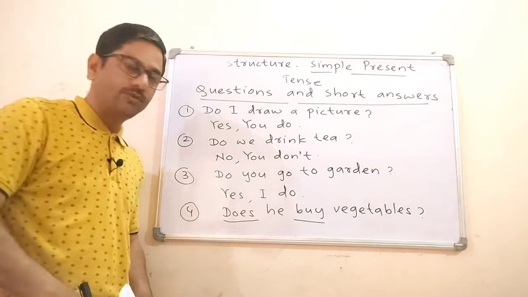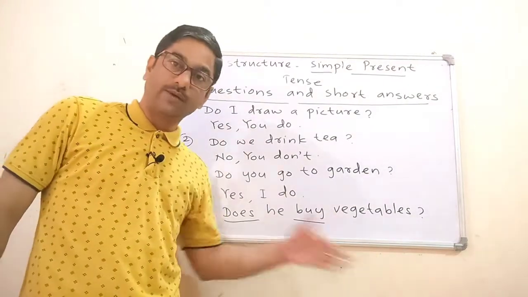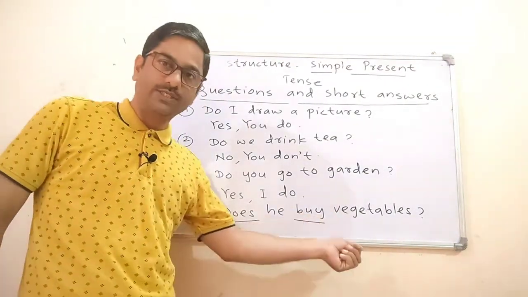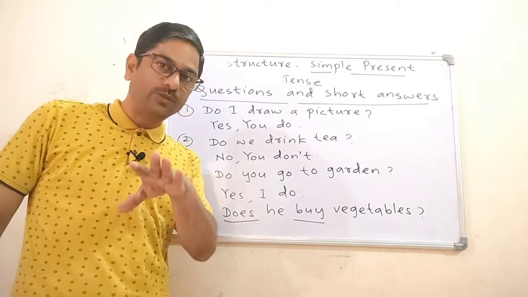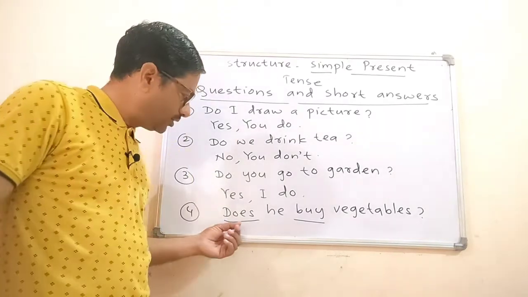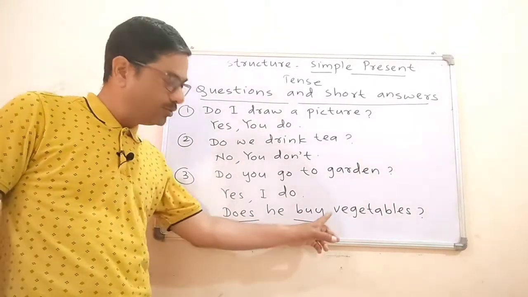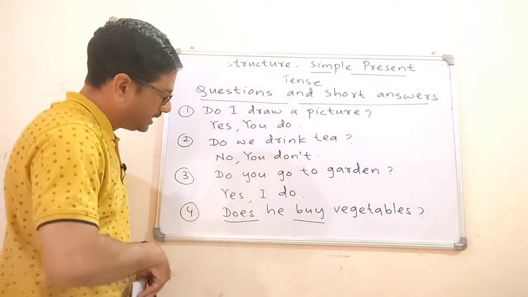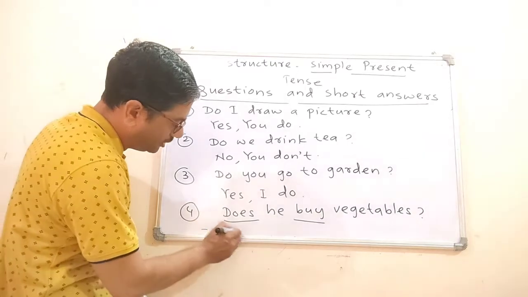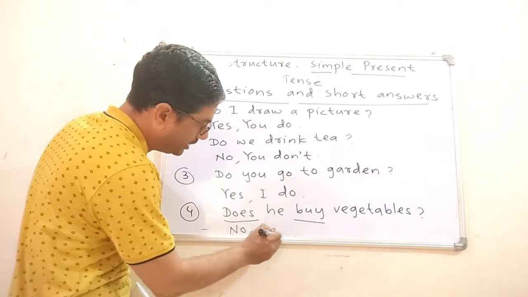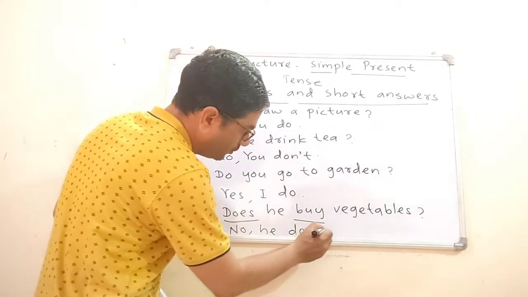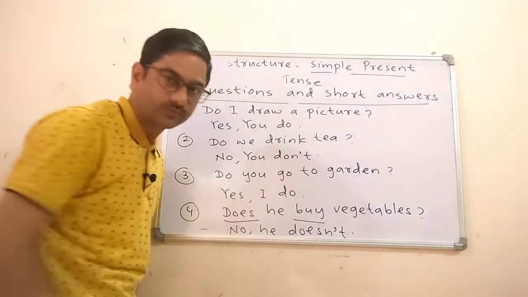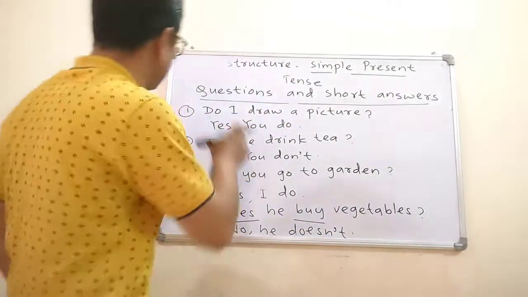The original affirmative sentence was: he buys vegetables. When you change that affirmative sentence into a verbal question, you will make use of does and remove es from the verb. Does he buy vegetables? The negative answer is no, he doesn't. And next sentence.